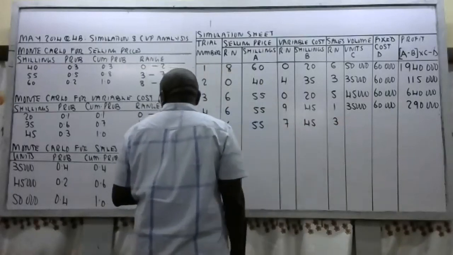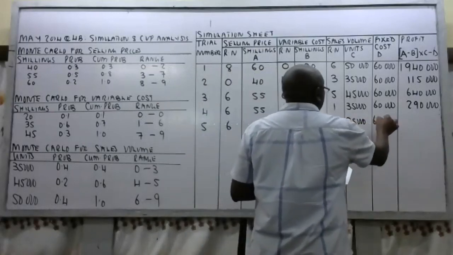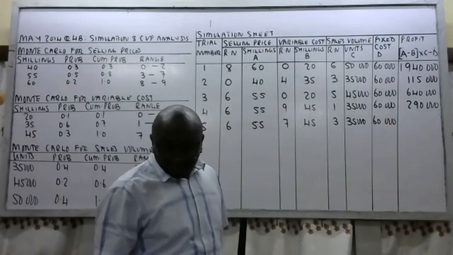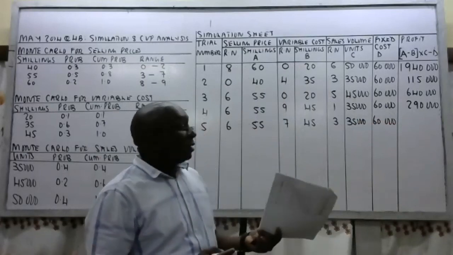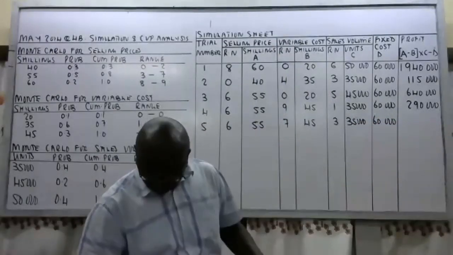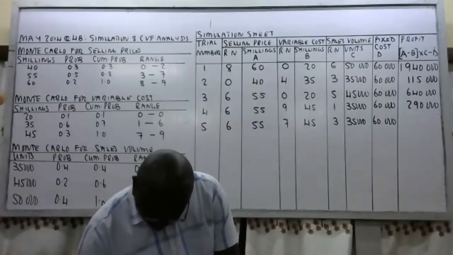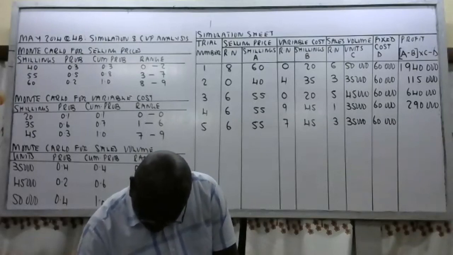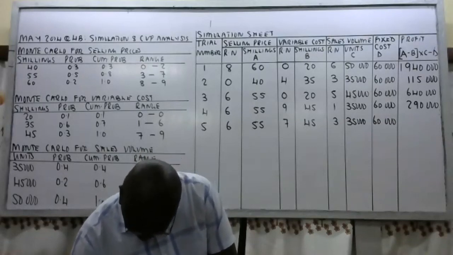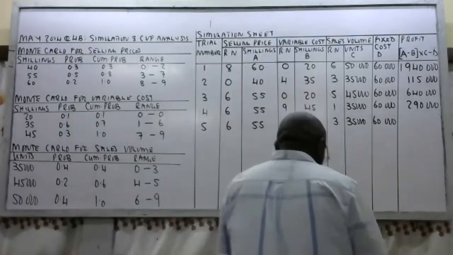And 3 is giving us 35,000, so that the fixed cost is 60,000. Here's June Churchill, 290,000.